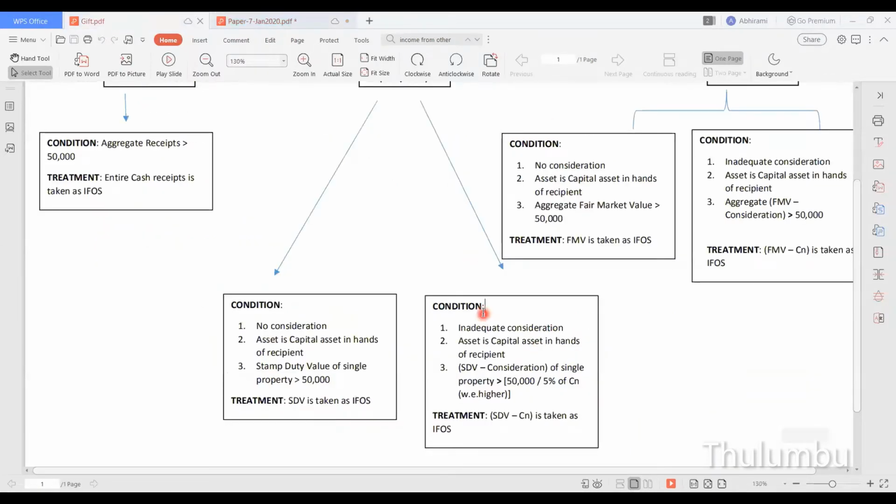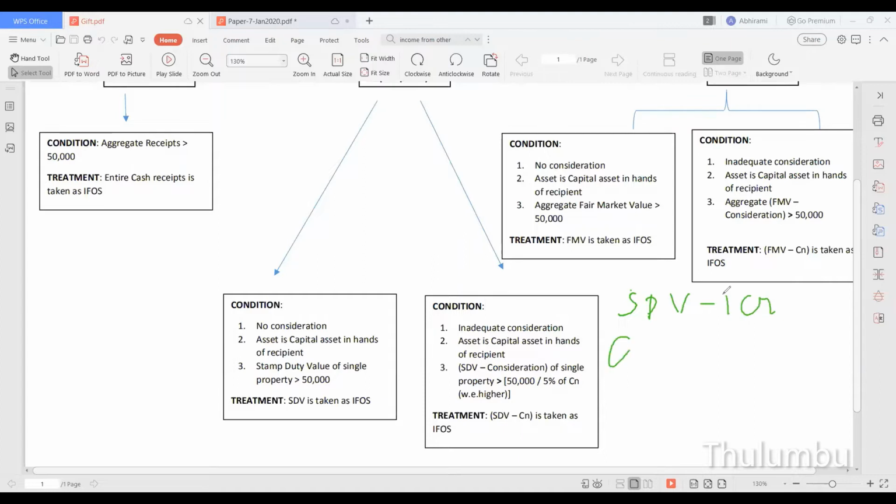So next scenario, when it is for inadequate consideration. Say for example, I am receiving a property worth 1 crore, stamp duty value is 1 crore.